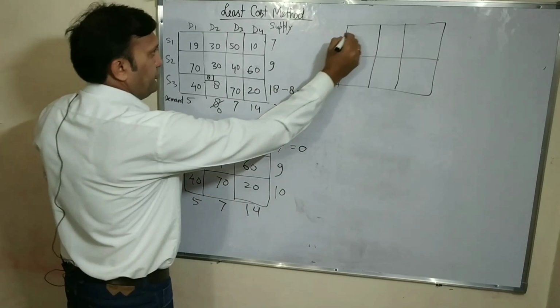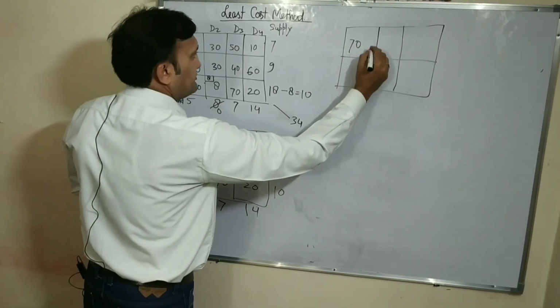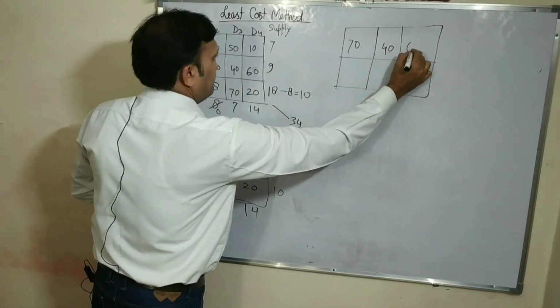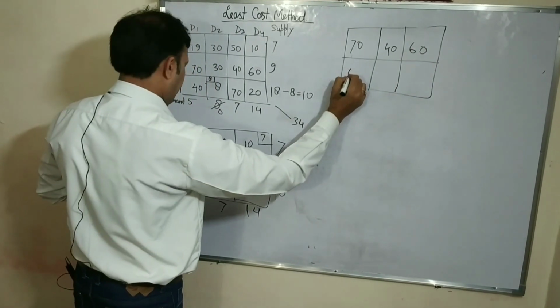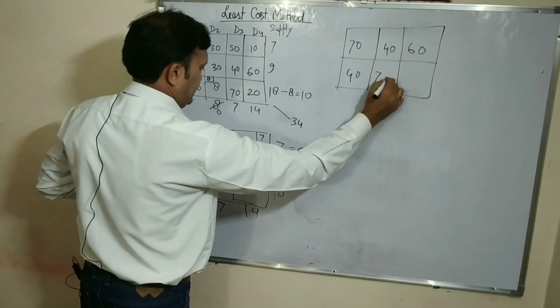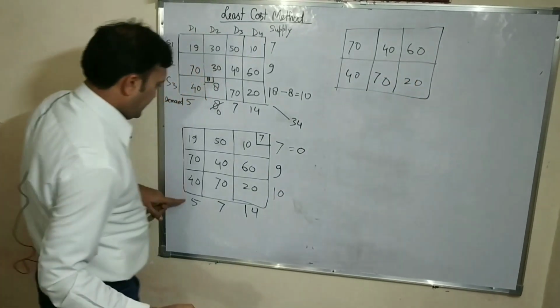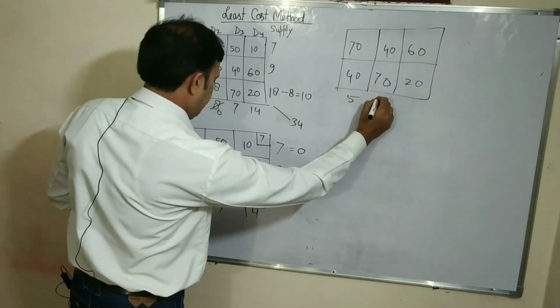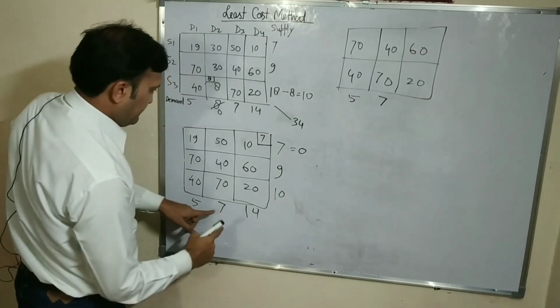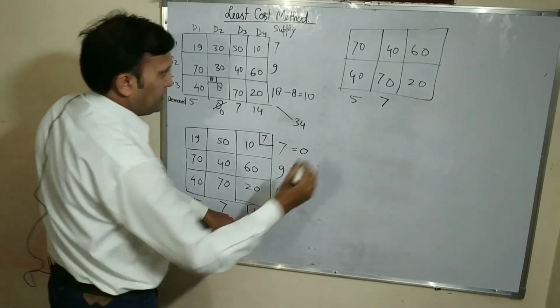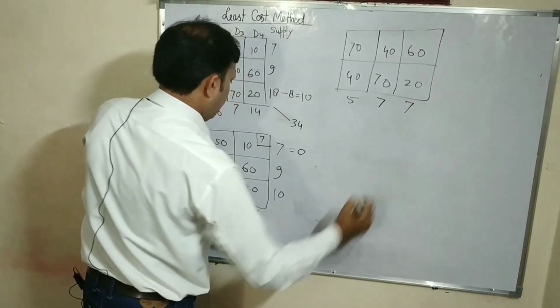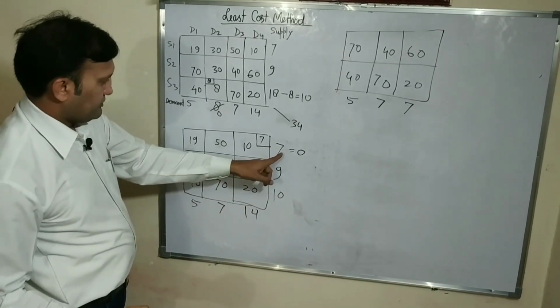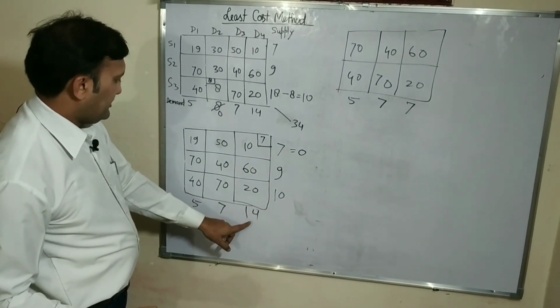So this will be 70, this will be 40, this will be 60, this will be 40, 70, and 20. So we are going to write 5, this will be 7, and this will be again 7, because 7 is already fulfilled.